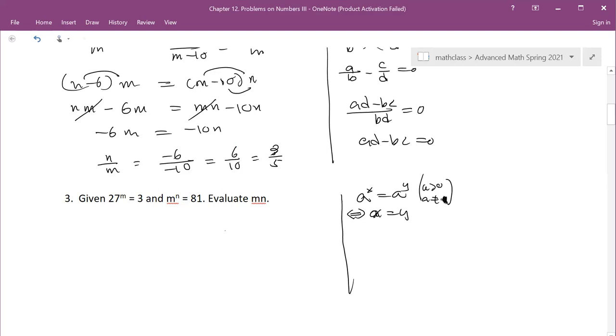Second, (a to the x) to the y should be equal to a to the xy. That's a formula. For example, 2 squared, cubed is going to be 2 to the 2 times 3, which is 2 to the 6. Okay, 2 times 3 is 6. All right, that's an example.